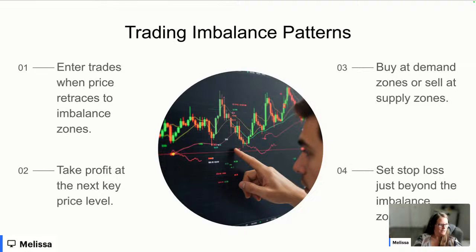When price retraces to an imbalance zone, I want to buy at demand or sell at supply with a stop loss beyond the zone. On the other side of the zone, on the back end of the zone, is where I place my stop loss. That means I have defined risk before entering any trade.